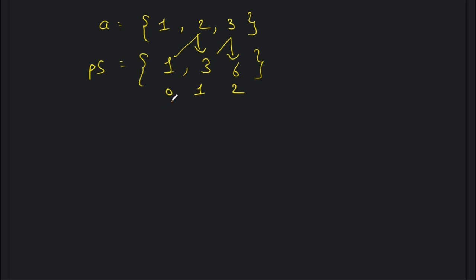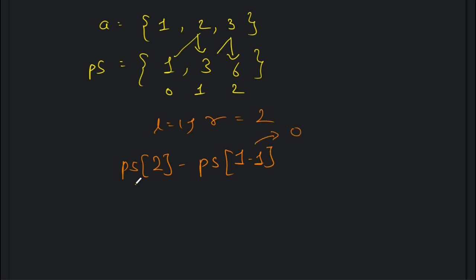So if it is asking for the sum with L equal to 1 and R equal to 2, we can do partial sum of 2 minus partial sum of L minus 1, that is 1 minus 1, which is 0. So partial sum of 2 is 6 minus partial sum of 0 is 1, which gives me an answer of 5, and we can verify that 2 plus 3 from this is equal to 5.